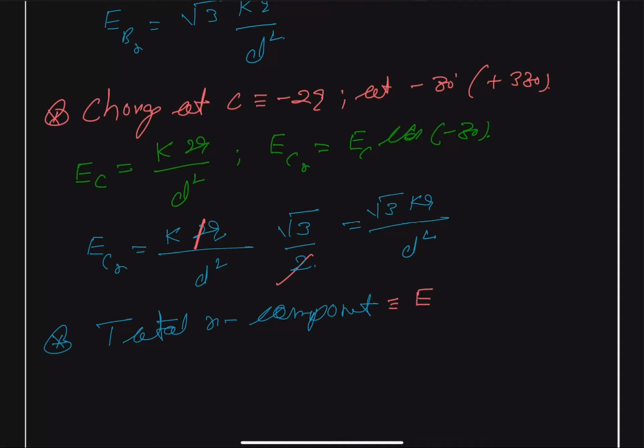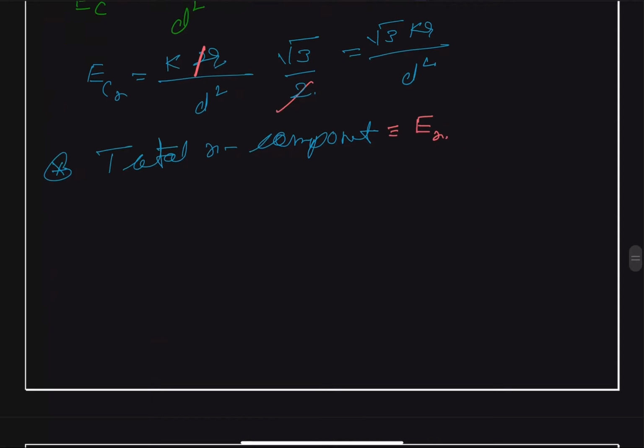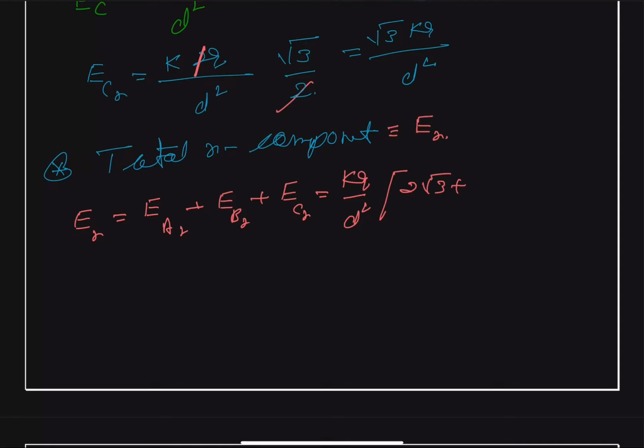So we can write E of x will be equal to x component of A plus x component of B plus x component of C, and we can take kq upon d square as common. Inside we are left with 2 root 3 plus root 3 and plus root 3.